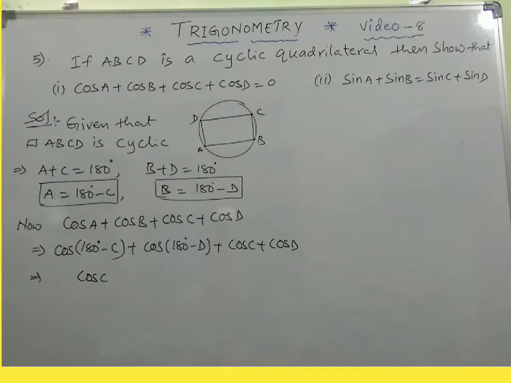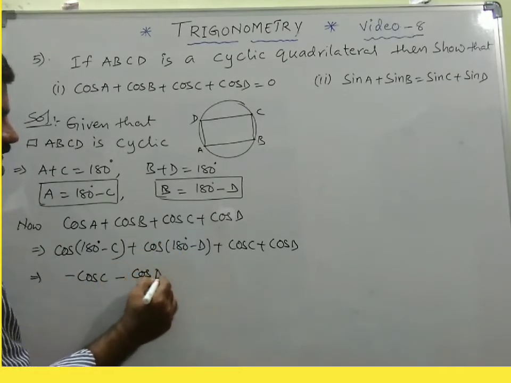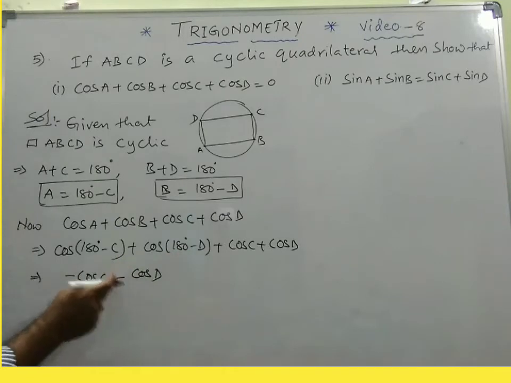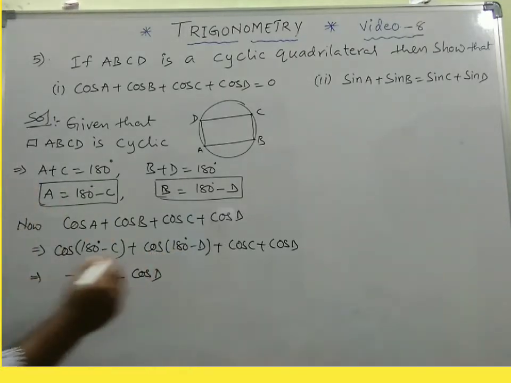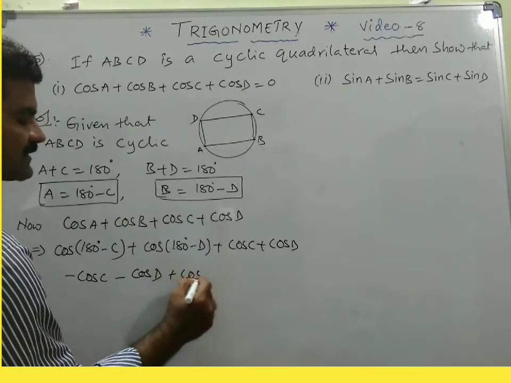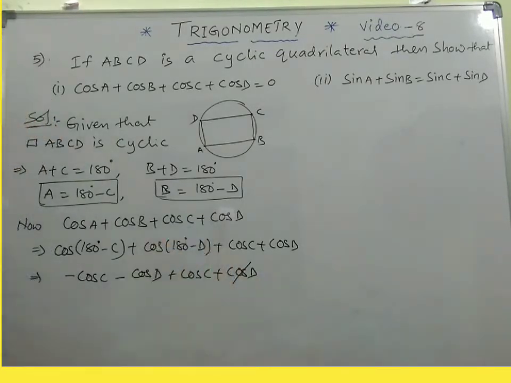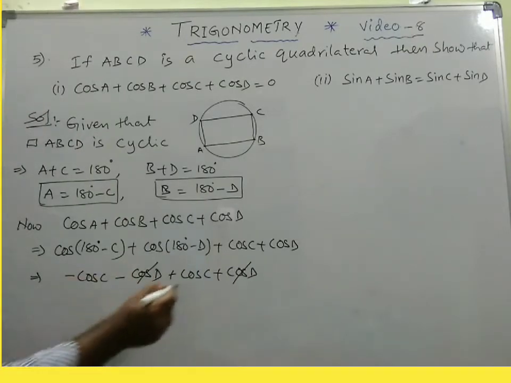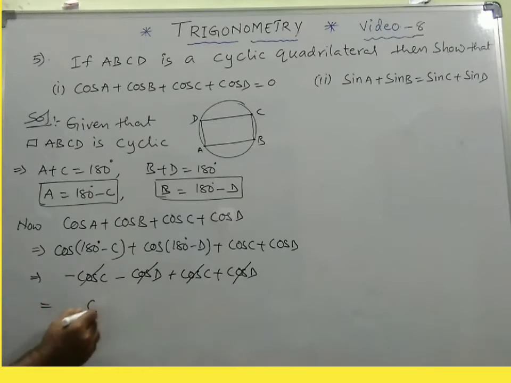In the second quadrant cos is negative, so this is minus cos C. Similarly this is minus cos D. Because of the second quadrant cos is negative, but because of 180 cos remains as cos, and the rest of them are plus cos C and plus cos D. So plus cos D minus cos D, plus cos C minus cos C cancel, hence the answer is 0.